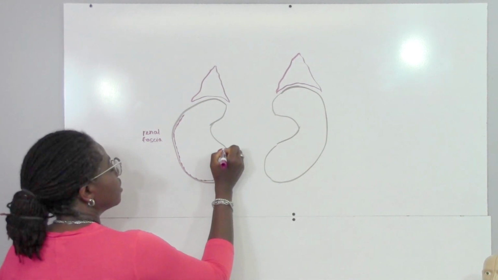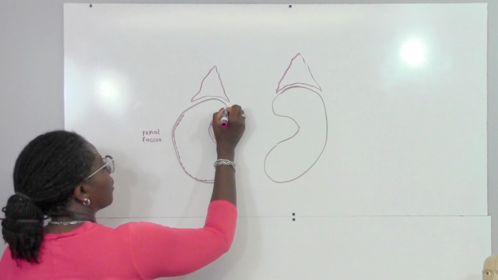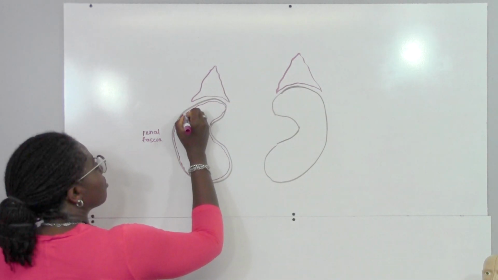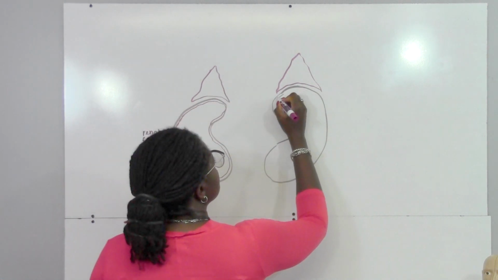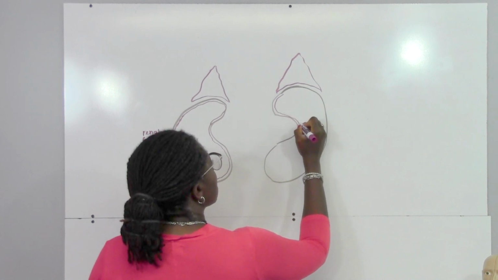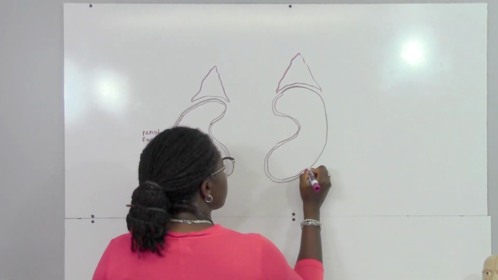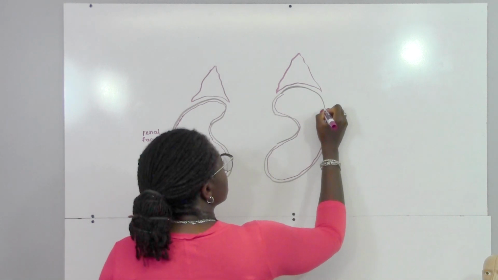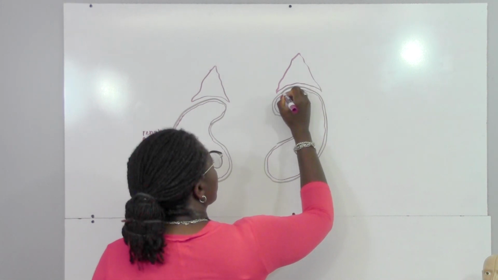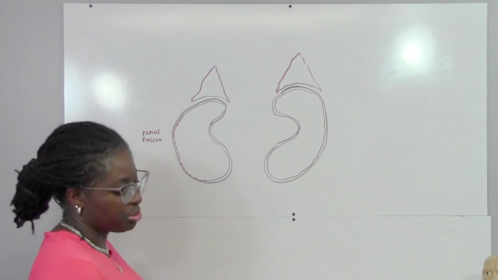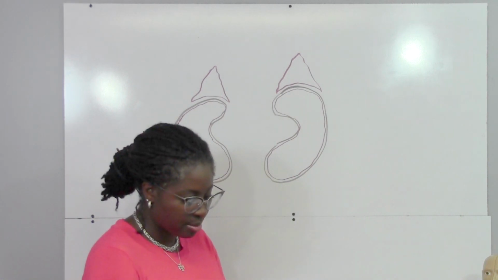You often hear athletes, particularly male athletes, talk about taking kidney shots, and that's because the kidneys are just there on the dorsal surface of the body. To assist in protecting those, we have this fat covering, the perirenal fat capsule.